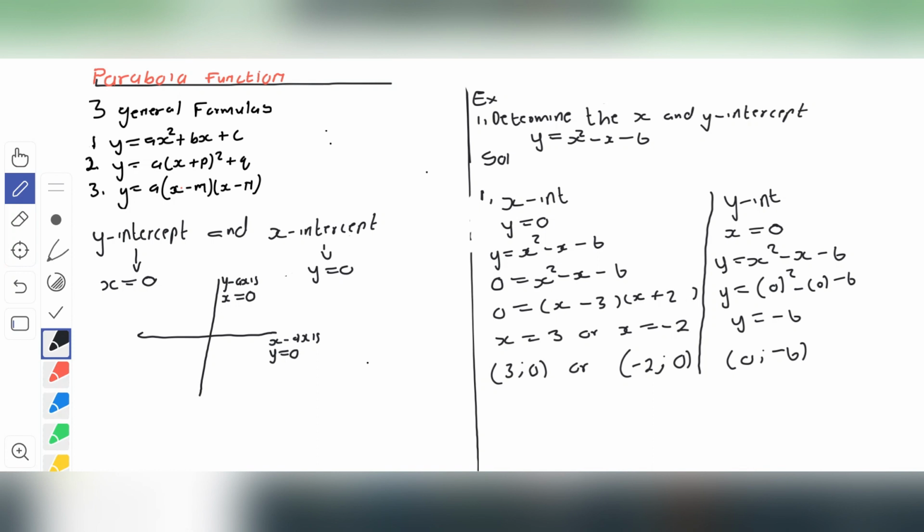If you're determining the x-intercept and you're not sure about your factors, use the quadratic method. You're allowed to use it, get your answers, and then everything is going to be alright. So we are done with determining the x and y-intercept of a parabola. Thank you.